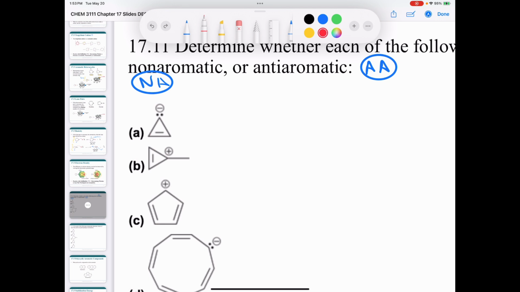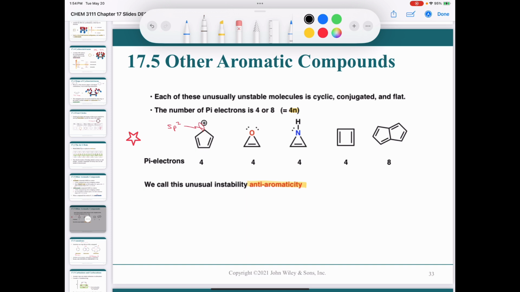So we have our continuously overlapping system of p orbitals, but here the number of electrons is not a Huckel number, right? We have 1, 2, 3, 4, which is not a 4n plus 2. This is a 4n where n is equal to 1, right? 4 times 1 gives you 4, and therefore this compound is going to be anti-aromatic. And so we could add that compound to our list of anti-aromatics that we had in this previous slide.